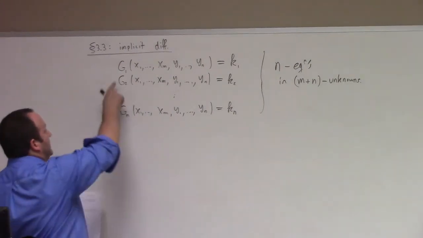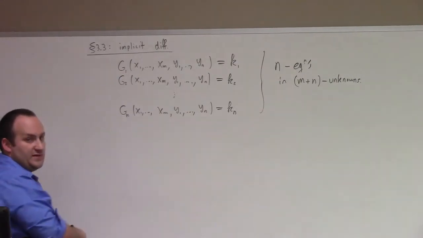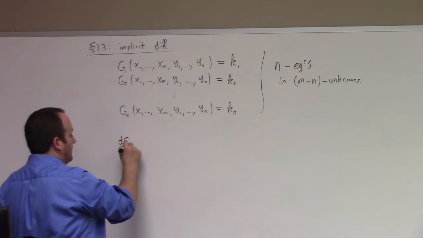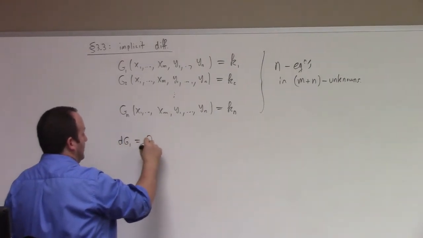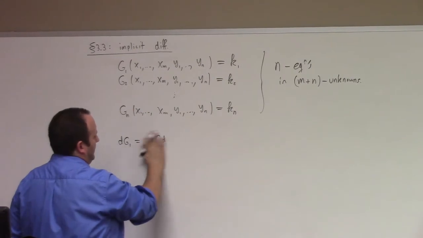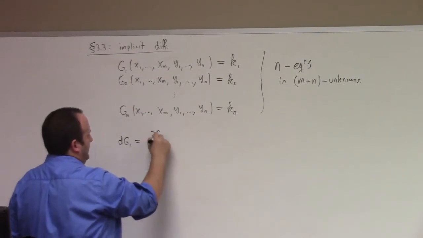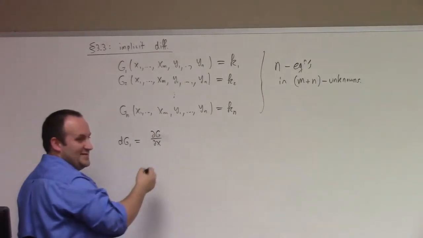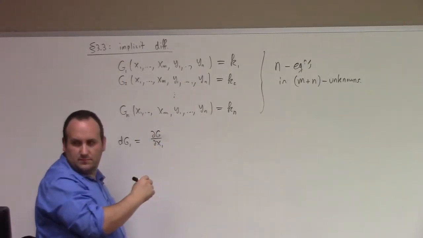So what we do is we can take the total differential of each one of these equations. All right? So dg1 is going to be partial 1 g dx1. Oh, bad notation. Sorry. I guess my numbering doesn't allow me just to.